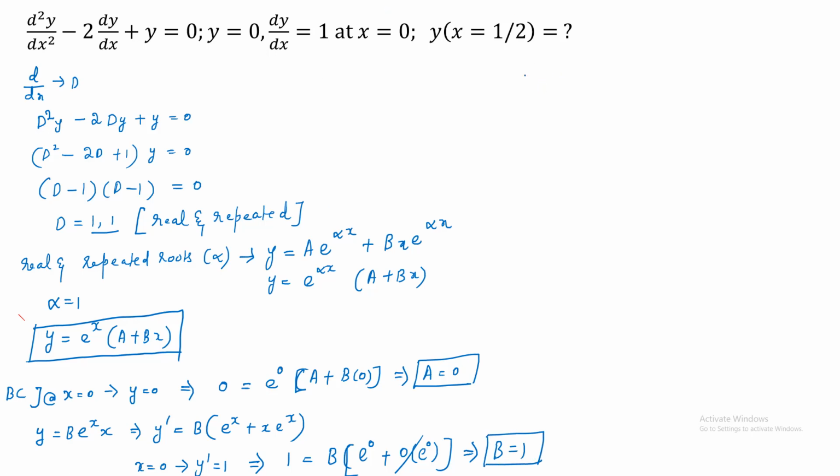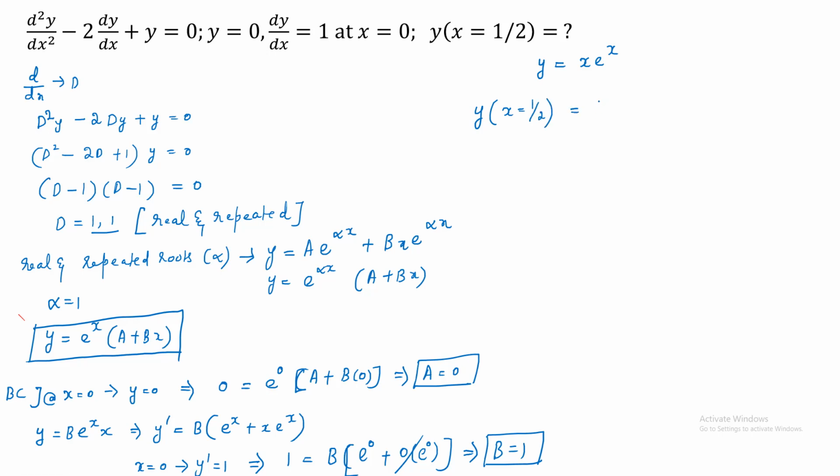Now we have the a value given and the b value also has been found. Now let's substitute in the equation. Then we will get y is equal to x e power x, right? Now we just have to find the value of y at x is equal to half, right? Let's find that.